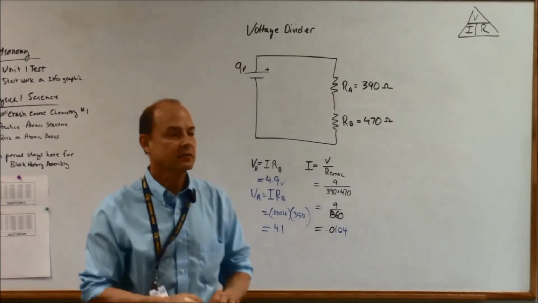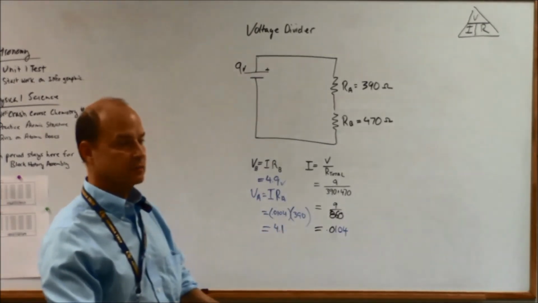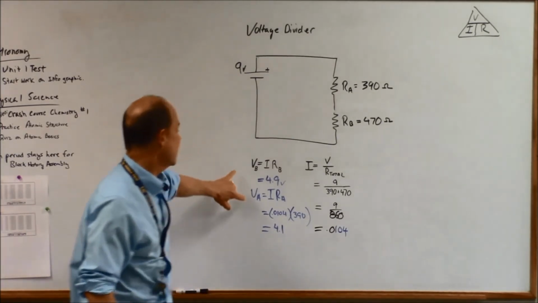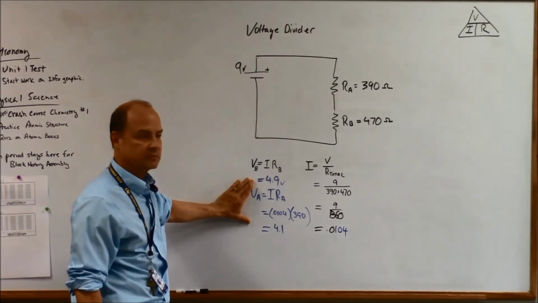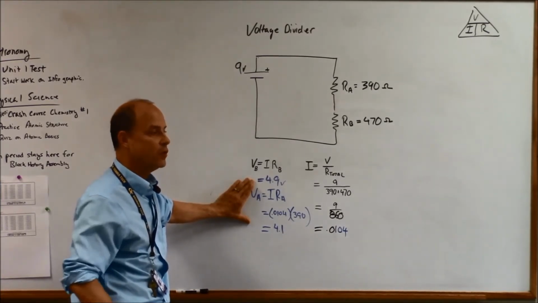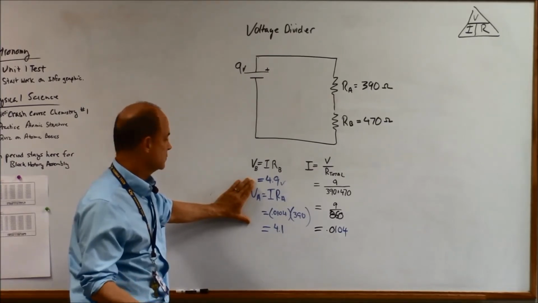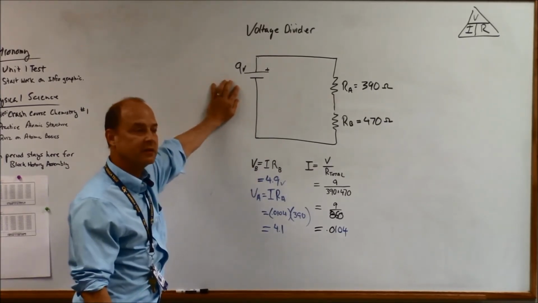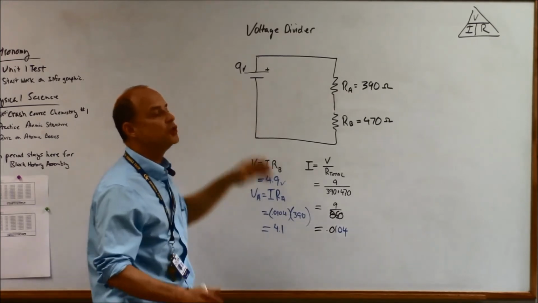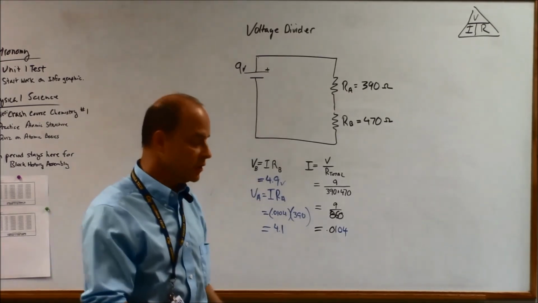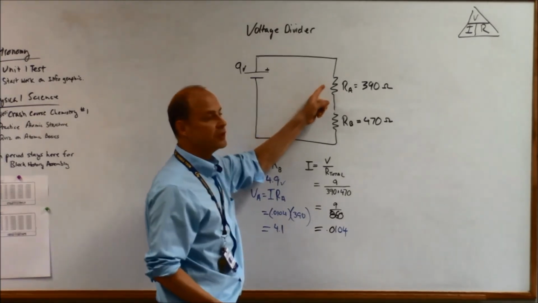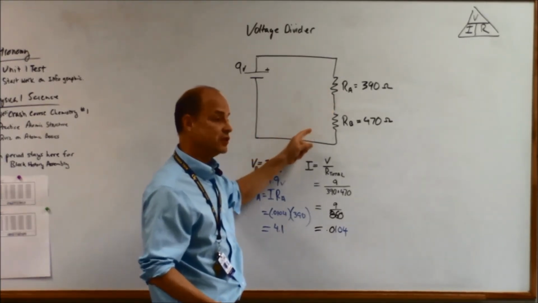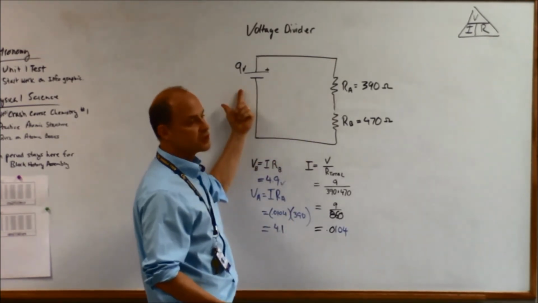Now, look carefully. What is the sum of the voltage drops across these two resistors? 4.9 and 4.1 equal 9. Ding, ding, ding! So to conclude this video, what I want you to write in your notes is that the sum of the voltage drops across the resistors in a series circuit equals the source voltage.